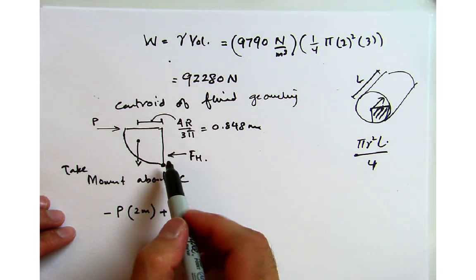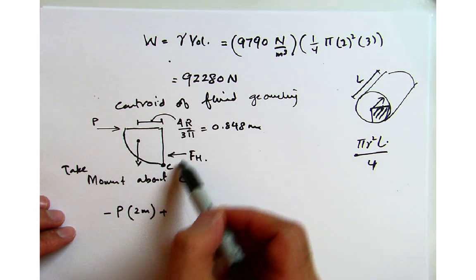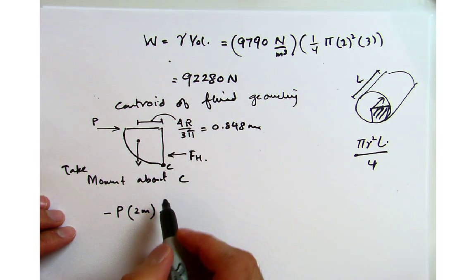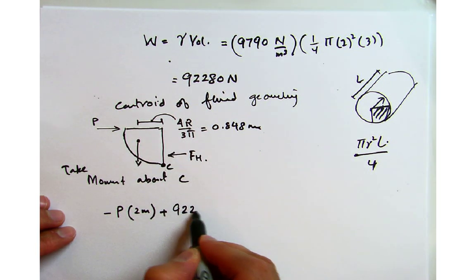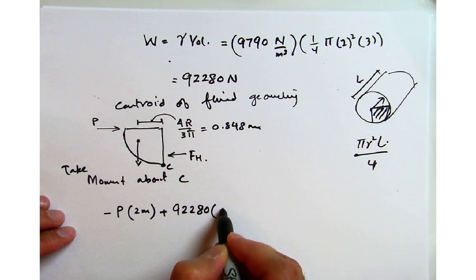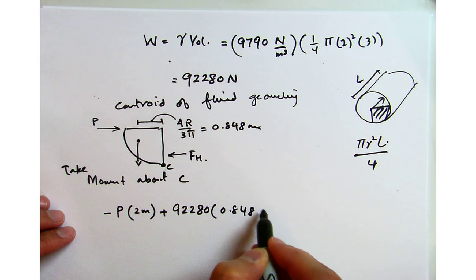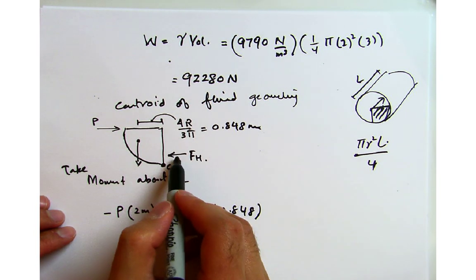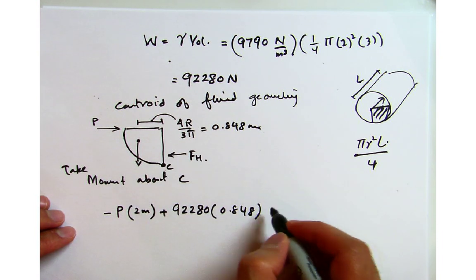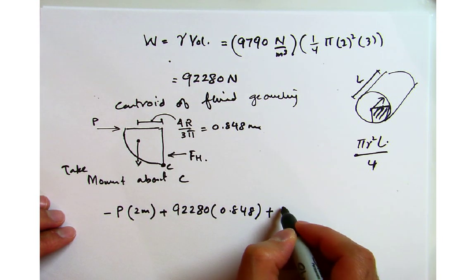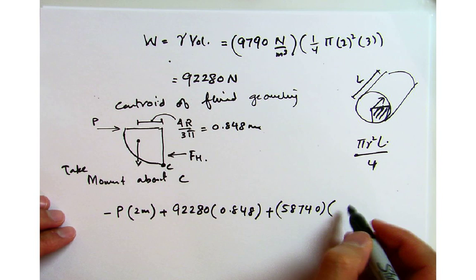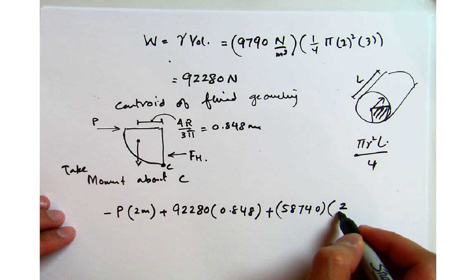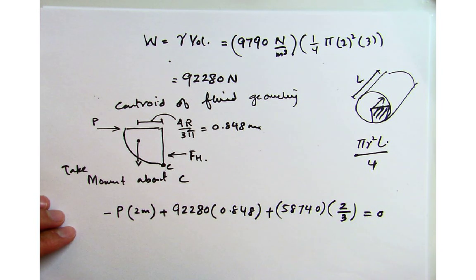and the next force, which is this, is trying to rotate it counterclockwise, so it is 92280 times 0.848 meters. And then this force is also trying to rotate counterclockwise, so plus 58740, and this is acting at 2/3, and that equals 0.